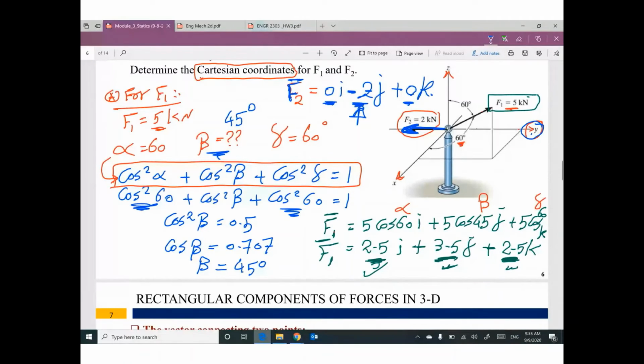We need to figure out 3 angles to be able to break this force to 3 components. Sometimes the given force is in one axis, so it will be easier. In this case, your force F2 is in negative direction of Y, negative means minus, and we don't have anything in X and we don't have anything in Z.